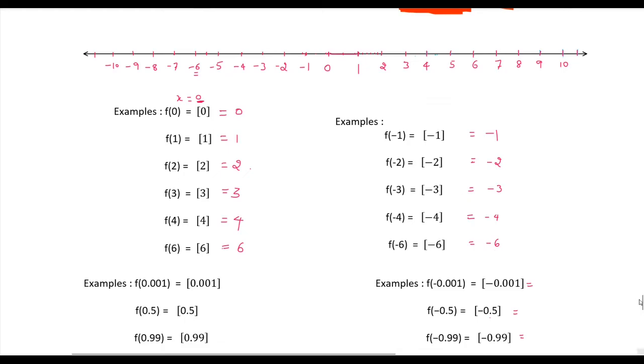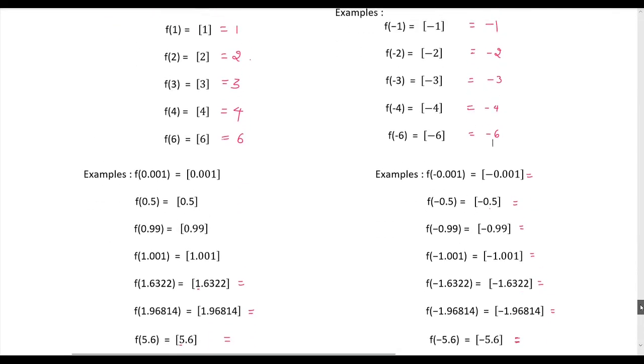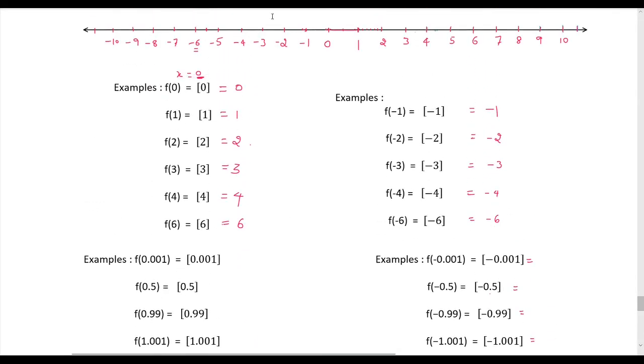Positive decimal values we are checking first. We will understand this with the help of a number line. We just understood that for 0, greatest integer of 0 is 0 itself. Now for a positive value, 0.001, it is somewhere here close to 0. Now 0 is less than 0.001. Do you agree?